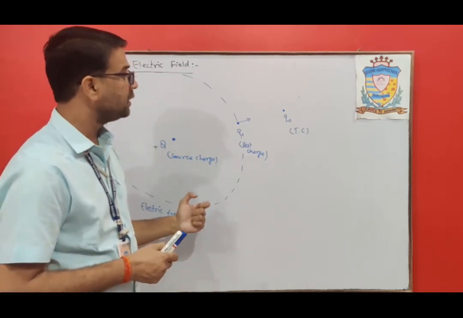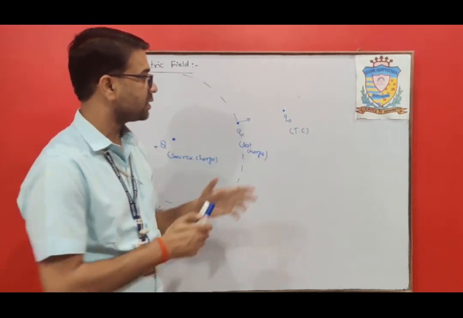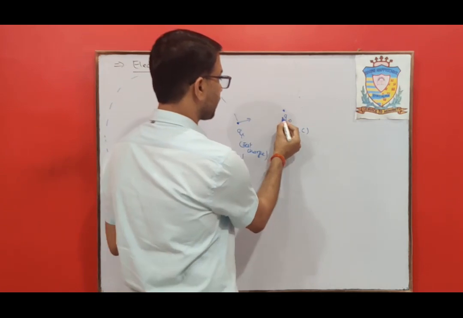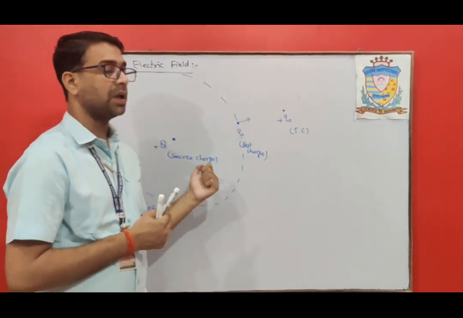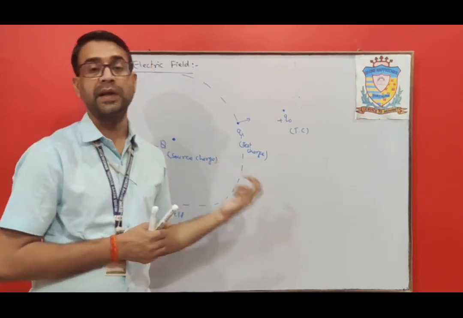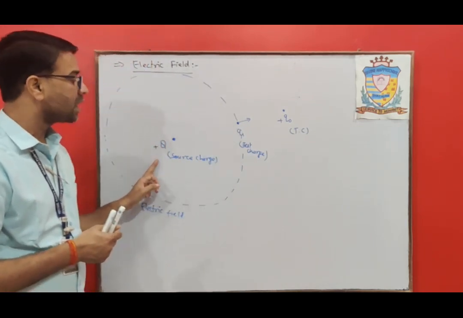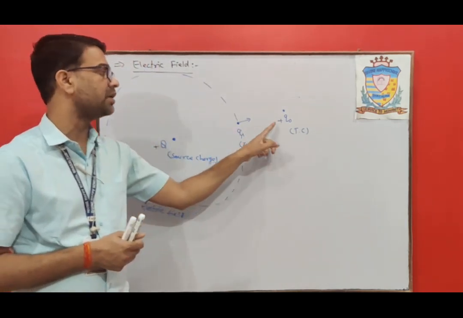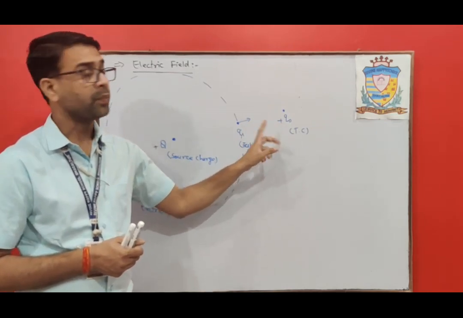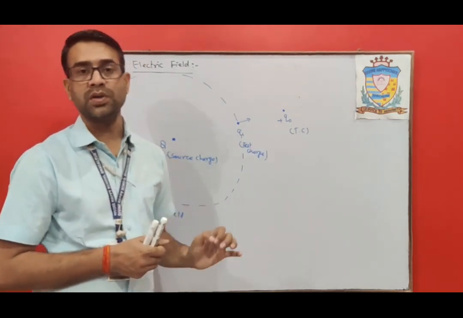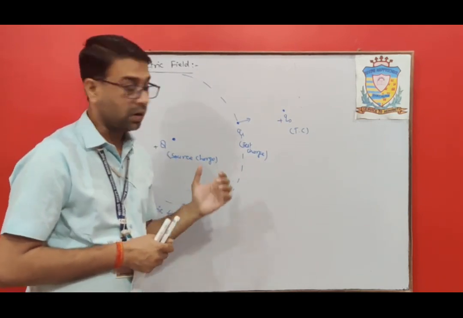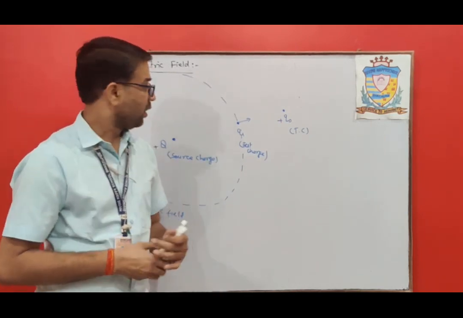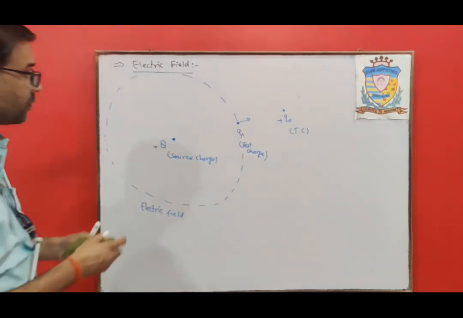Due to that reason, we will always take the test charge as positive. Clear? So if both are positive, repulsion will take place. And if the source charge is negative, we will take the test charge as negative. Clear? Because repulsion is the surest test of electricity or electrostatic force.